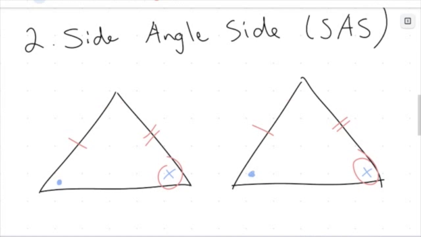Well, think back to what we know about angle geometry from year 7. We know that the angle sum of a triangle, all the angles within a triangle, add up to 180 degrees. So if we have two angles that are equal in the triangle, then the third one has to be equal because they're all going to add up to the same angle sum.